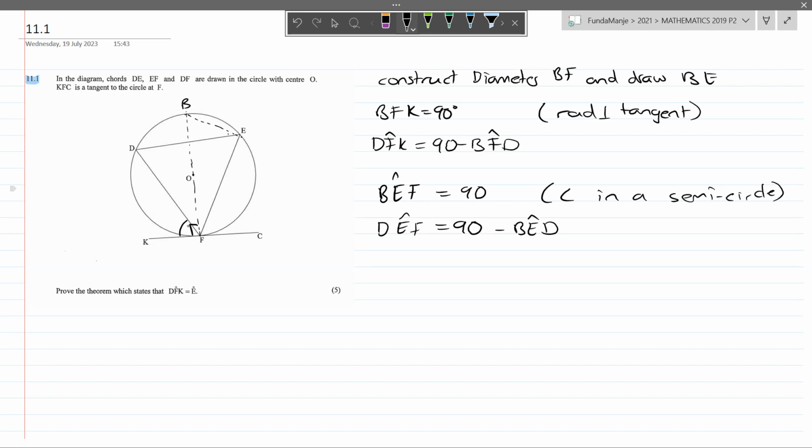As you can see, we're just stating what we see. If this is 90 degrees, then this angle here will be 90 minus the smaller portion, BED. Then we know that BED will be equal to BFD. So BED is equals to BFD, which is angles in same segment.